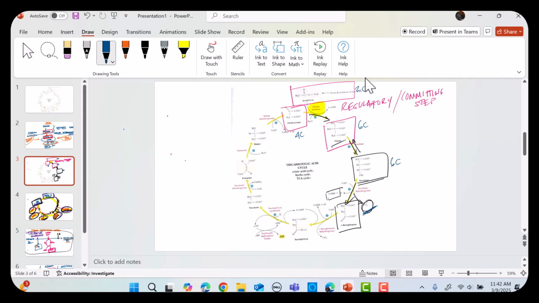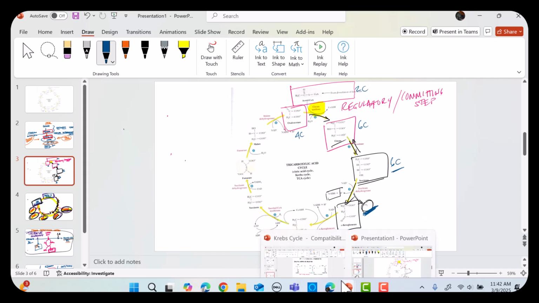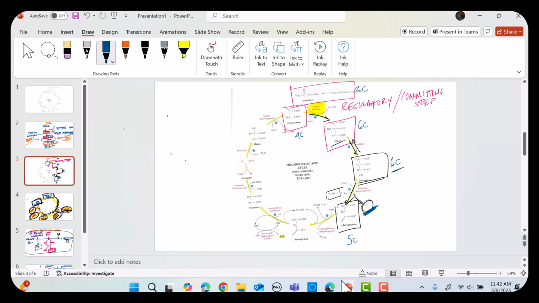Now I decarboxylate. I have 6 carbons. I took one off. My alpha ketoglutarate is 5 carbons. So again, it's a waste product. We don't do anything with it, but it does help you on the how many carbon thought questions, whichever. Okay, so we have alpha ketoglutarate.